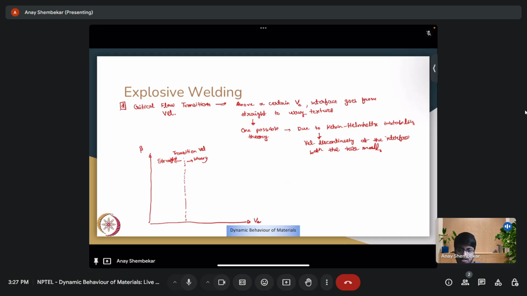Similarly, there is a minimum velocity for impact. This is your critical minimum velocity. This corresponds to the critical pressure.